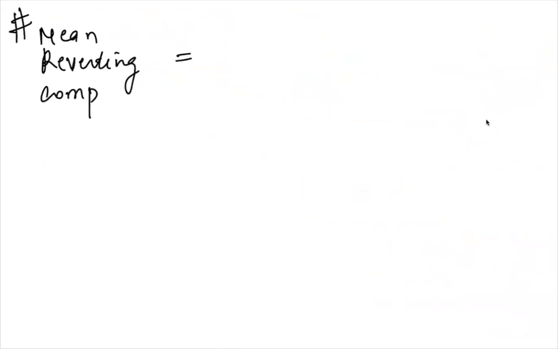Okay. So what is the component? The mean reverting component is A times (B minus RT) dt. Okay. So tell me one thing.